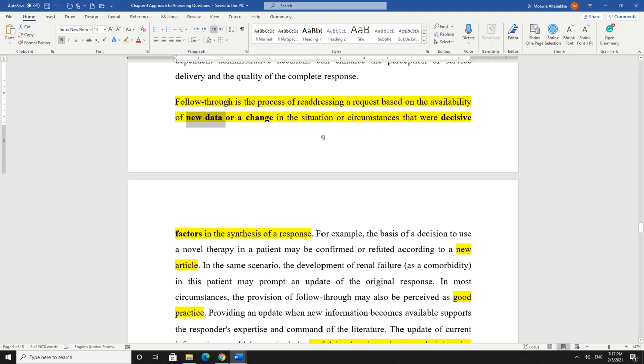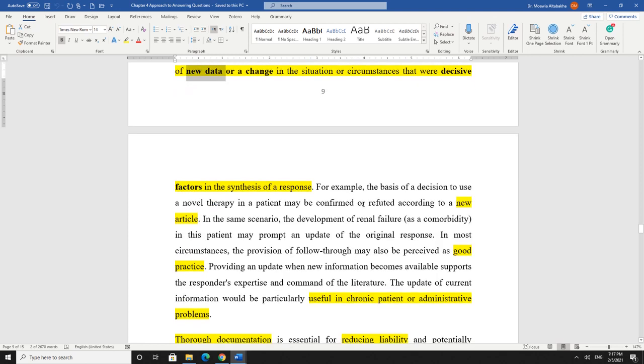Okay, follow through is the process of readdressing a request based on the availability of new data or change in the situation or circumstances that were decisive factors in the synthesis of the original response.